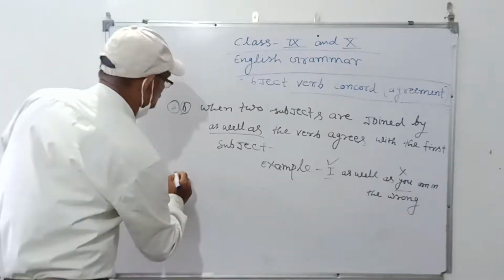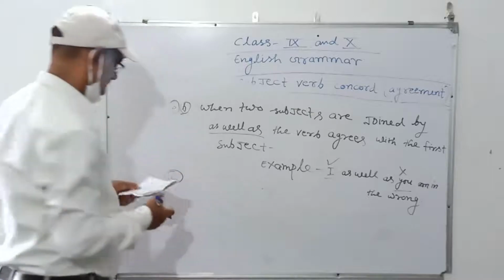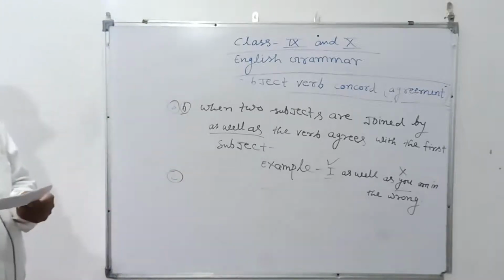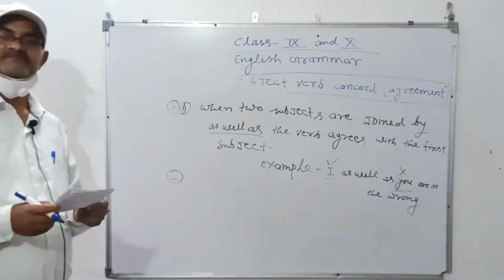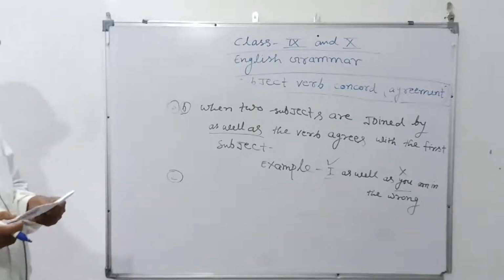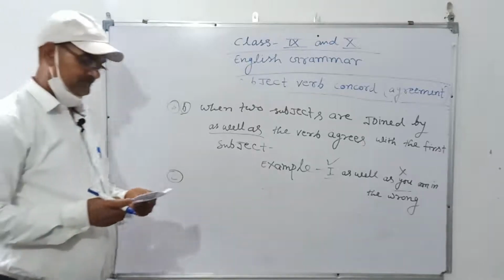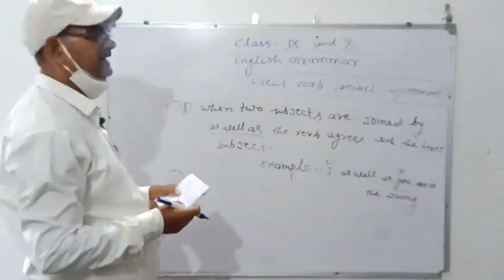Number 3C. When two or more singular subjects are connected by or, nor, either or, neither nor, the verb agrees with the later subject.